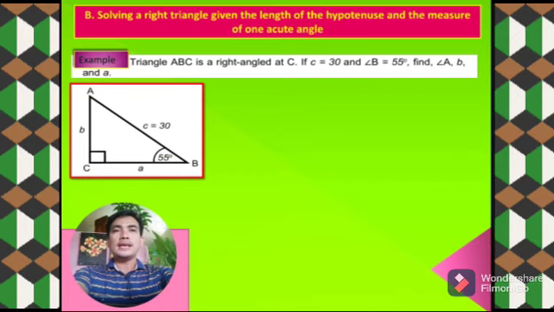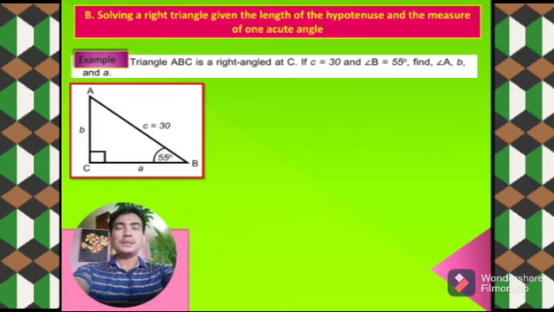So that's why we have here our illustration that side C is the hypotenuse, which is 30, and angle B is equal to 55 degrees. And we're looking for the measure of angle A, side B, and side A. Now, in solving this problem, take a look at angle B and angle A. They are complementary angles.